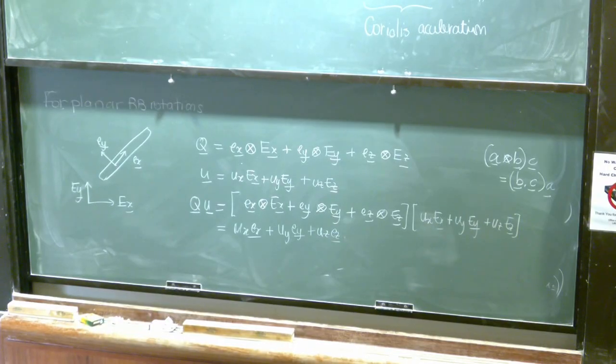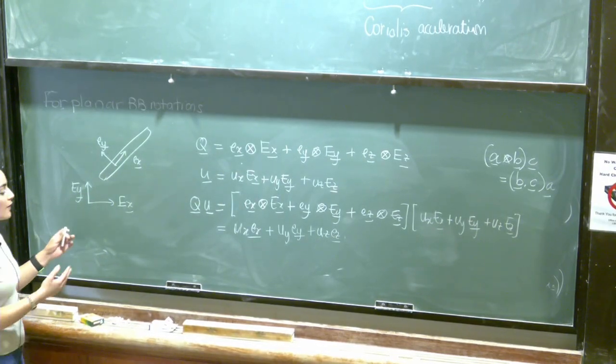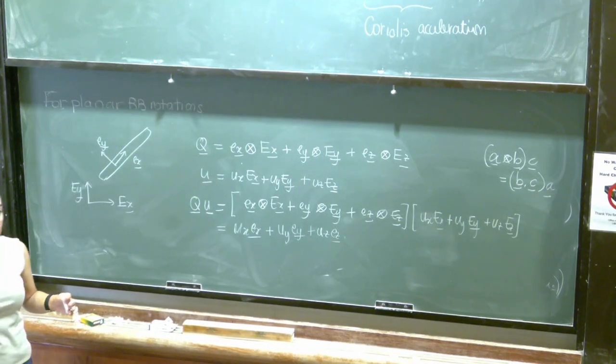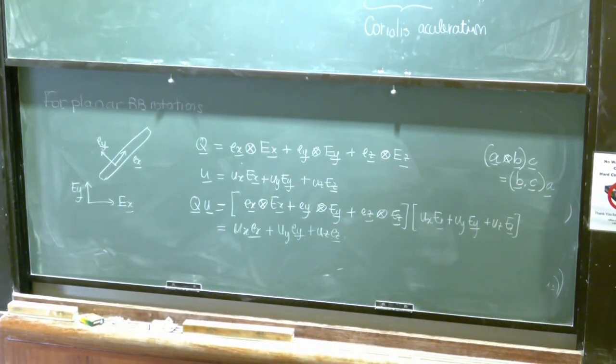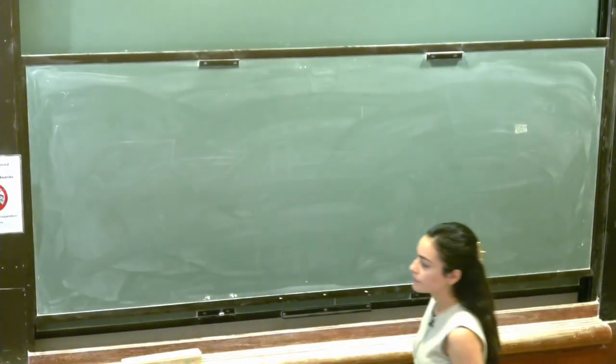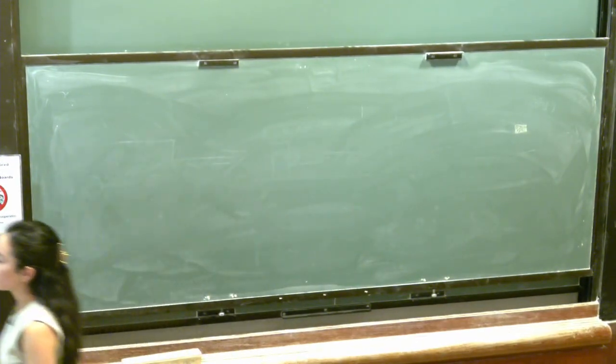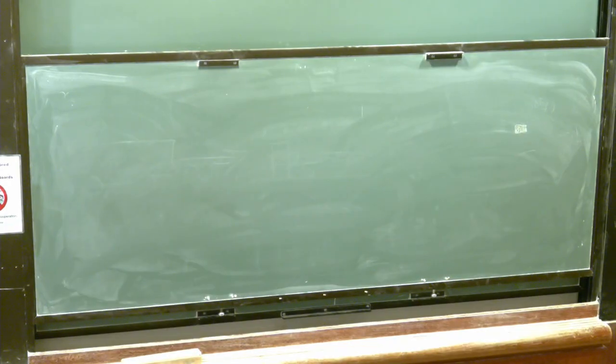It rotates a vector, right, from the reference configuration to the current configuration. Remember we said that we could have the reference configuration of the rigid body, and we could have a corotational vector in that reference configuration, or a vector between two material points on the reference configuration. Now this vector is expressed in the Ex, Ey fixed basis.